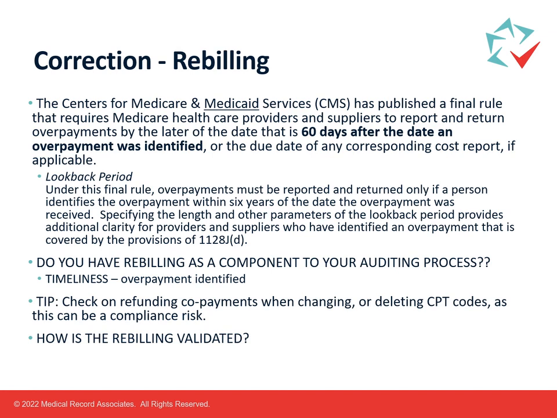So you have a time frame, the clock is ticking. Do you have a billing component that is watching the timeliness of these overpayment identifications? Because if you're holding on to those overpayments and the government goes through an audit and you've gone over the 60-day period, they could find a violation at your organization. So check on refunding also co-payments.